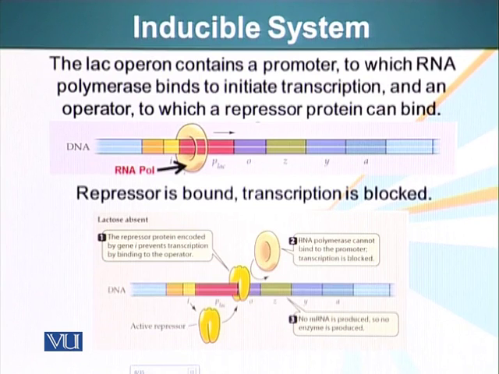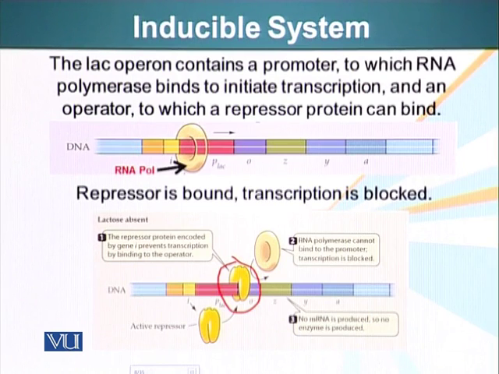When lactose is not present, there is a repressor protein that can bind the operator at this region, and it prevents RNA polymerase from interacting with the promoter and from transcribing the structural genes. So this is the situation when lactose is absent.